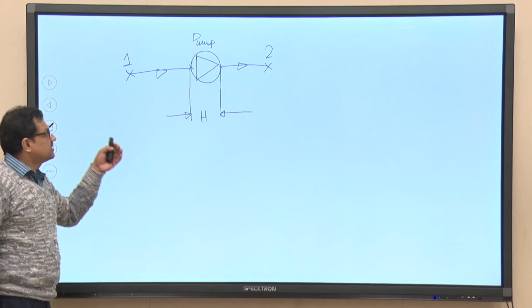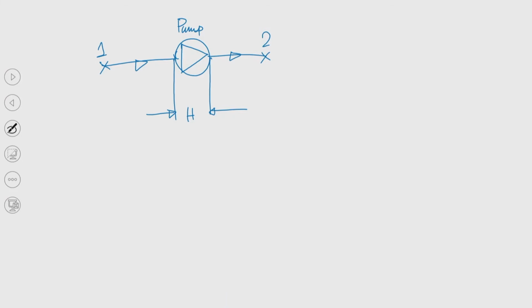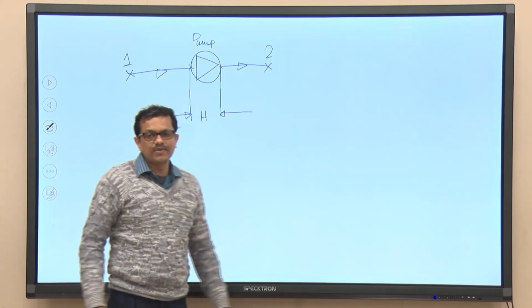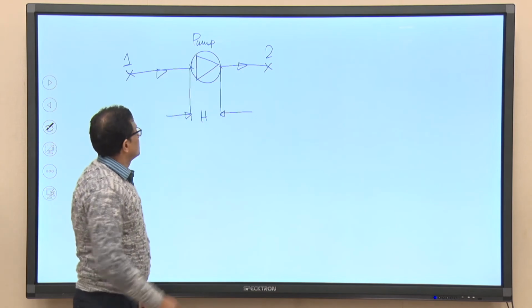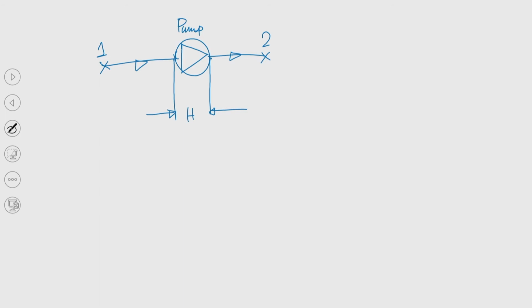This pump is again used to supply water from location 1 to location 2, and while it is supplying water, of course a certain quantity of water depending upon the requirement, this water when it is delivered at point 2 is having a certain head, right, and to deliver water at that head, this pump is used, radial flow pump.